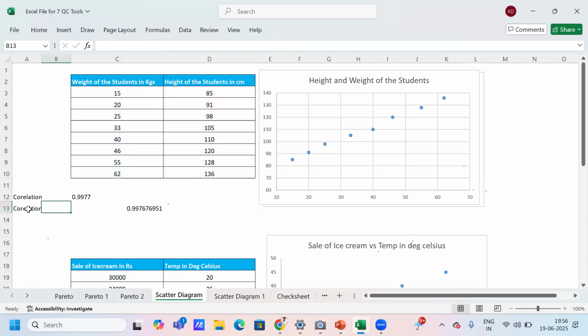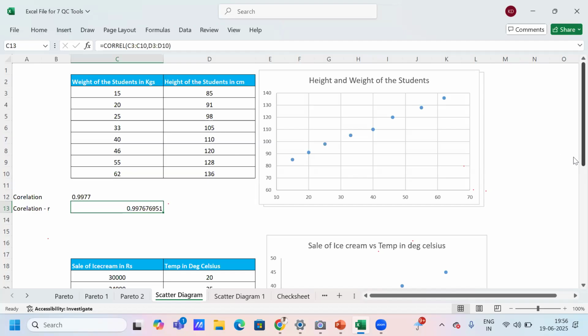Correlation is denoted by the letter small r, and that correlation is 0.99. So I will let you know what it means. This is the one example, height of the students and weight of the students, correct?